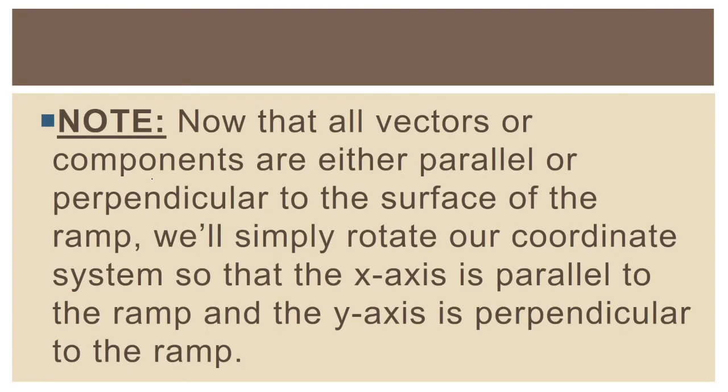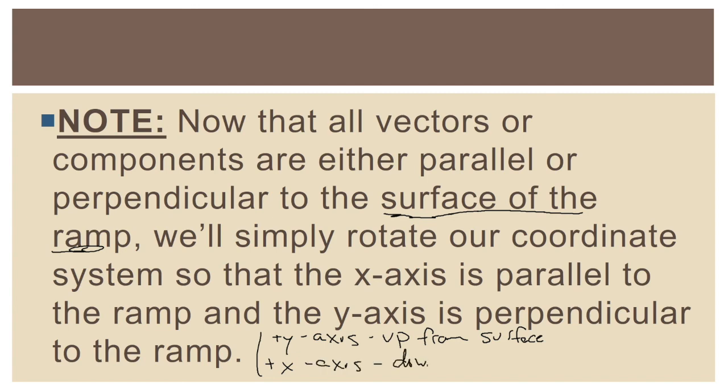Now that all vectors or components are either parallel or perpendicular to the surface of the ramp, being the most important part here, we'll simply rotate our coordinate system so that the x-axis is parallel to the ramp and the y-axis is perpendicular to the ramp, where the plus y axis points up from the surface and the plus x-axis points down the ramp.